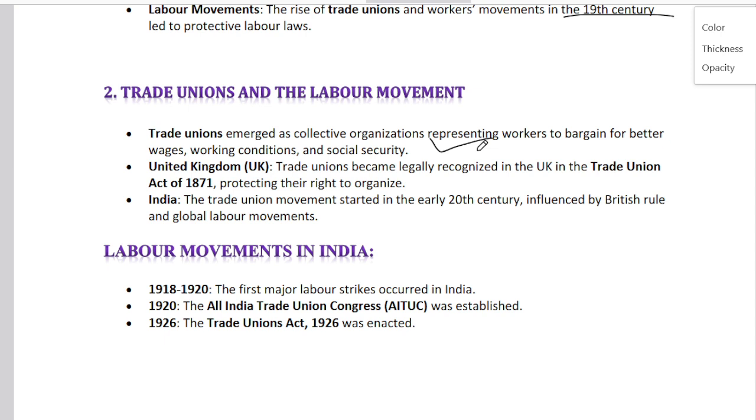Also to provide for the prevention of industrial disputes through works committees. So the main object was to get better wages and better working conditions, all that.